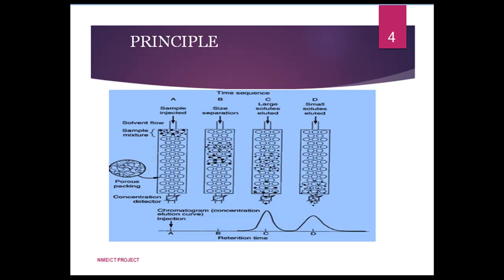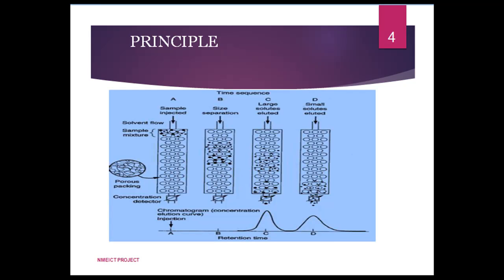Large analytes are completely excluded from the pores and will pass through the interstitial space between the particles and will appear first in the eluent. Smaller analytes will be distributed between the mobile phase inside and outside the particle, and will pass through the column at a slower rate. Hence, they will appear last in the eluent.